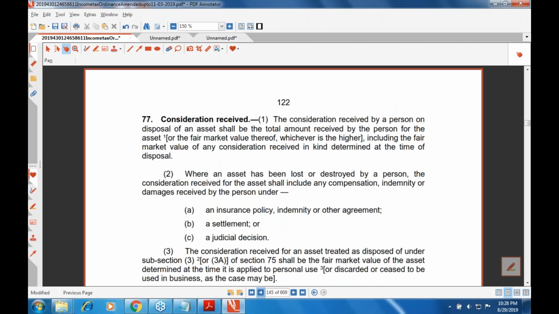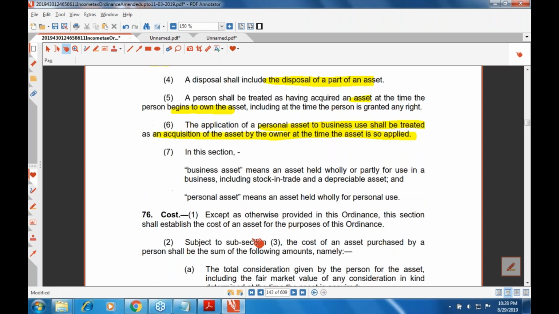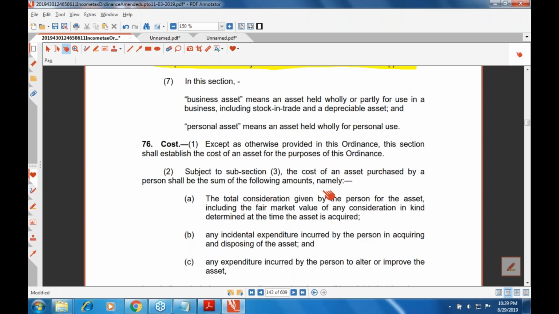Another concept that I would want you people to understand is the concept of the cost. What exactly is the cost? Because when we are going to be computing the gain, this is what is important.